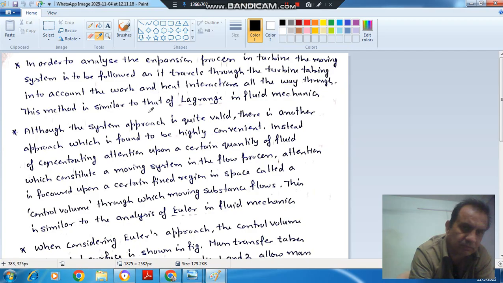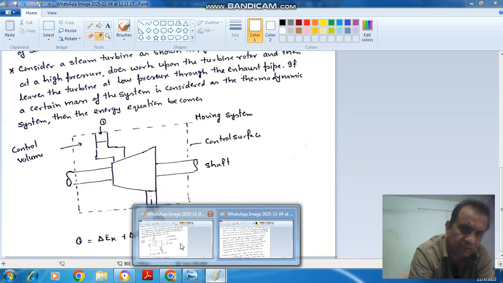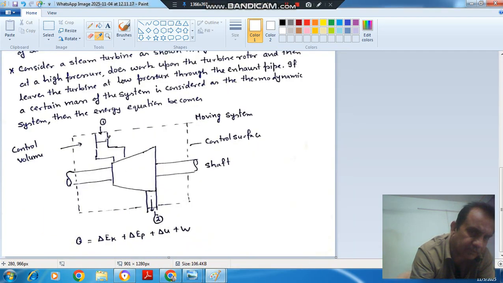This method is similar to that of Lagrange in fluid mechanics. Same as I explained, mass is entering here and we analyze the mass, it will run the turbine and then leave, so we concentrate on the mass. That is the Lagrangian approach.